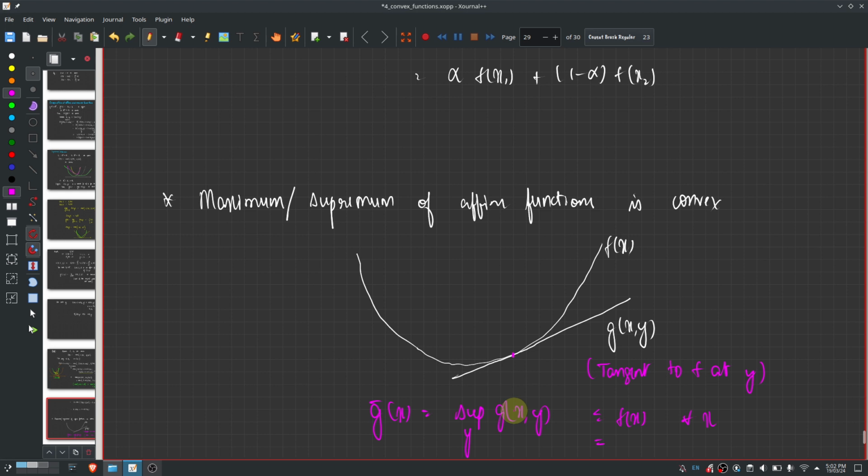The tangent that takes the maximum value at a given x will be the tangent passing through x comma f of x itself. Again, this is only a geometric intuition that I'm giving you. I'm not proving this particular statement.